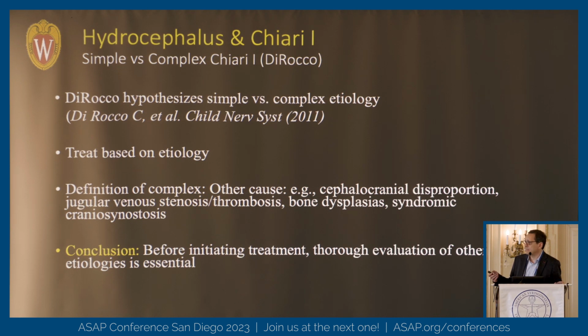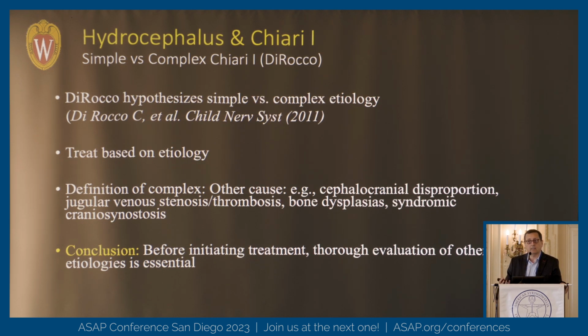So for example, he's identified patients who had jugular venous stenosis, which is what caused intracranial pressure elevation and hydrocephalus, which caused secondary Chiari. These can happen. You have cephalocranial disproportion from syndromic craniosynostosis. That's when your skull is fused at birth, and therefore it can't grow, the pressure goes up.